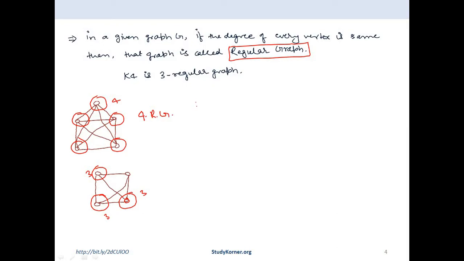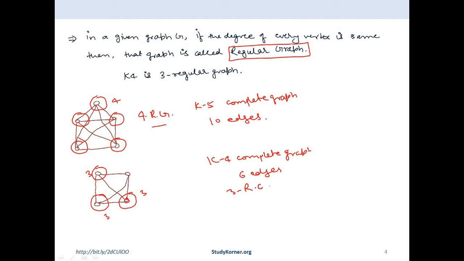So this K5 complete graph is a 4 regular graph and it contains 10 edges. In the K4 complete graph, 6 edges are there and it is a 3 regular graph.